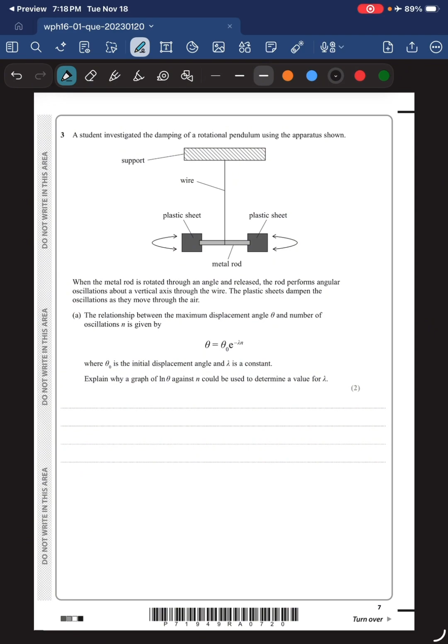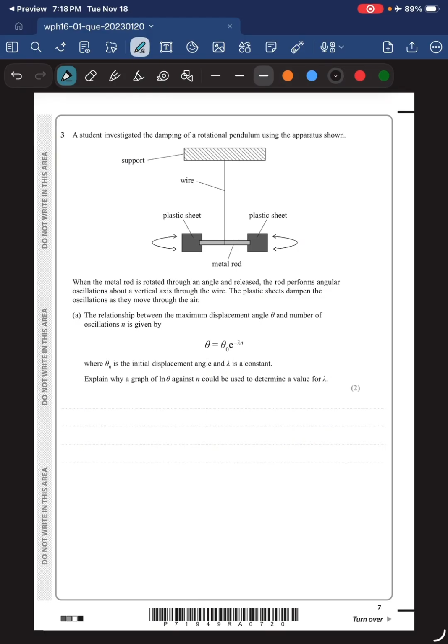This kind of thing, you don't learn it anywhere. But you shouldn't be scared, because usually these questions show you what you have to do, okay? So even if you don't know the theory or the physics behind some apparatus that they might have as a question, they will guide you through solving the problem, as in this case.